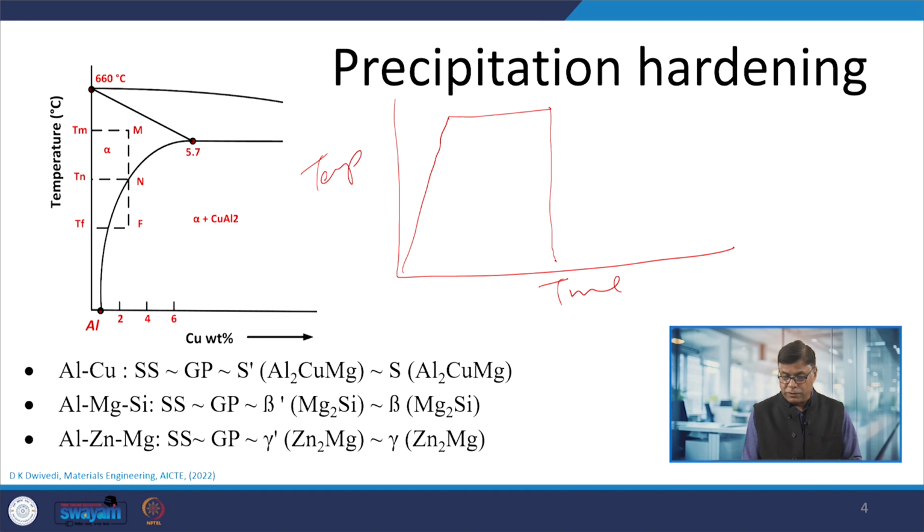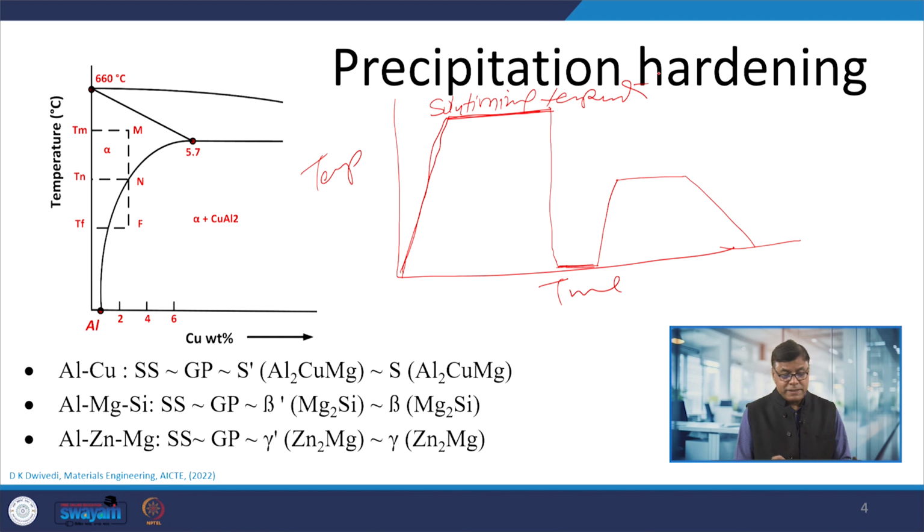Then after quenching to low temperature, it is reheated, kept at that temperature for some time, followed by normal air cooling. Okay. So, these are the steps. The first step, heating to the high temperature, is called the solutionizing temperature.